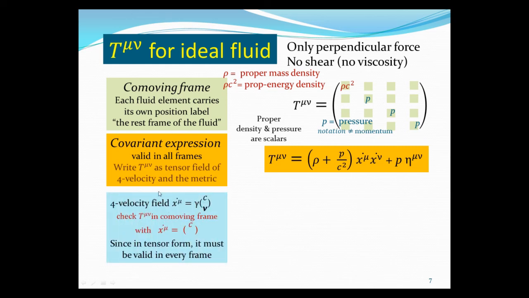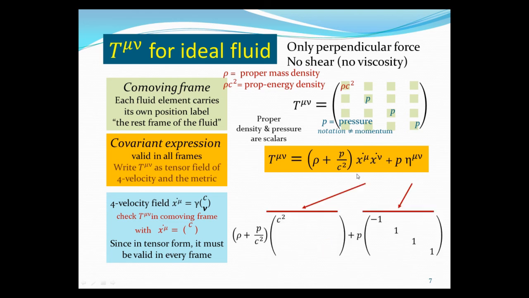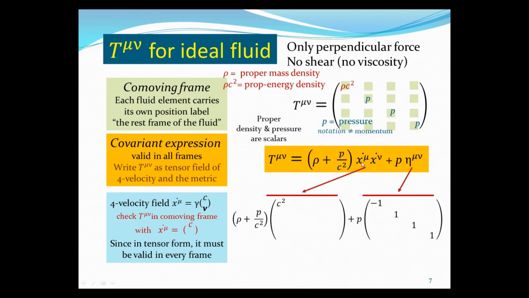Now, in the co-moving frame, the particle is at rest, so the four-velocity reduces to just the zero component, because v equals 0, gamma equals 1, so it just has the zero component c. That's it. There's no other component. So with only the zero component equal to c, I have rho plus p over c squared, times c squared in the 0, 0 entry and 0 everywhere else from the first term.